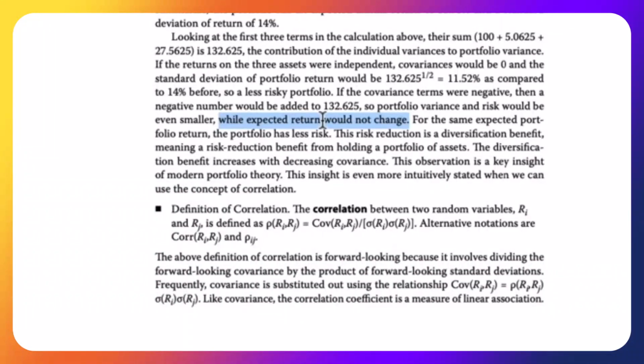If you found asset classes that had negative covariance, they would not have the same expected return as other asset classes with positive covariance. So no, you would not get the same expected return. You would get a lower return simply because if an asset has negative covariance, it means that when one asset's return is above its mean, the other asset's return is below its mean.